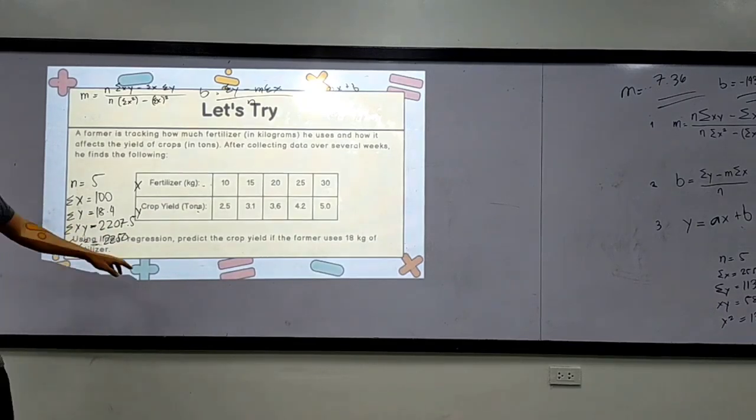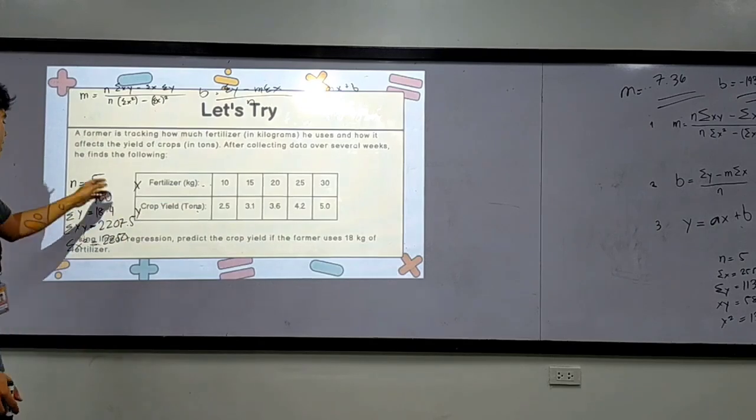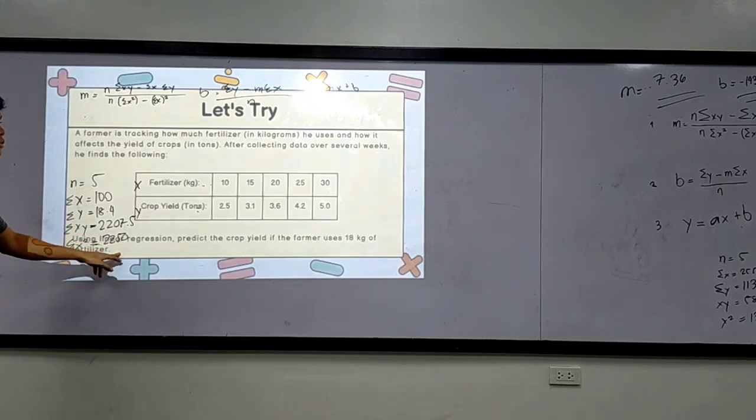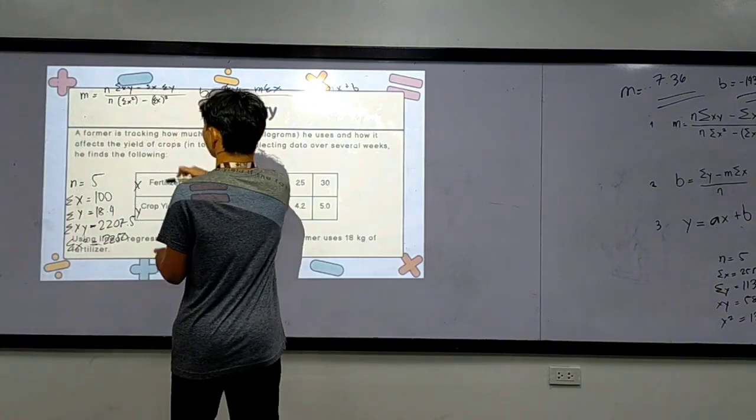Then multiply and add x and y, which is equal to 2207.5. Then x squared is 2250. So the first step is to use this formula.